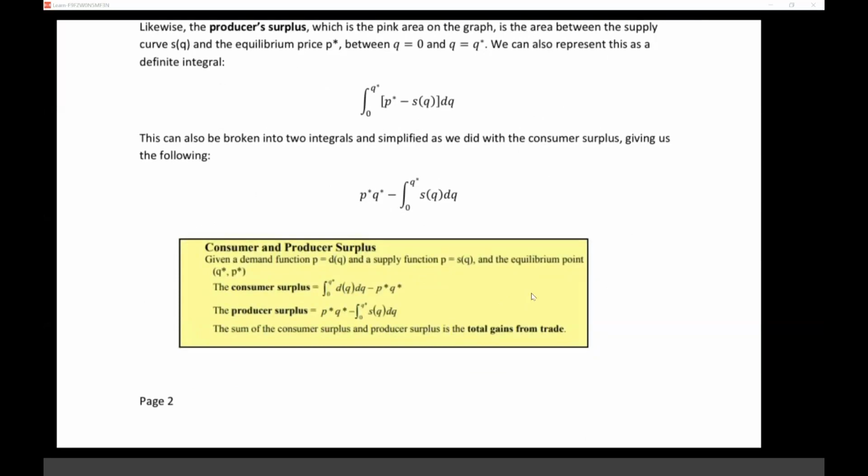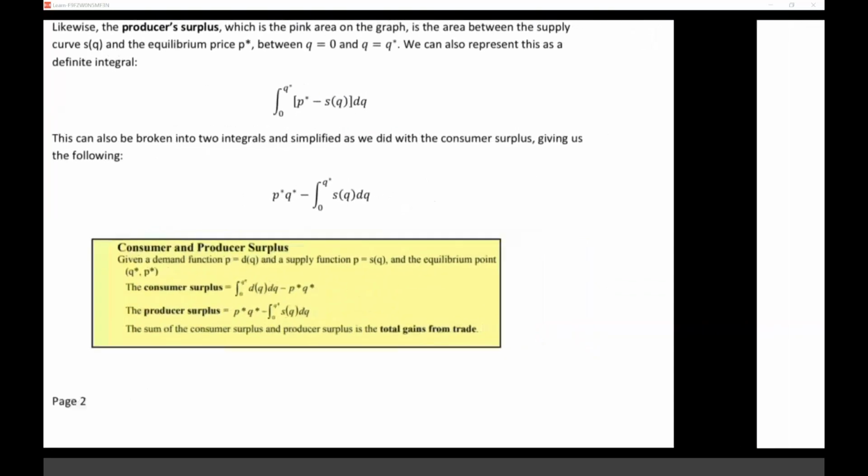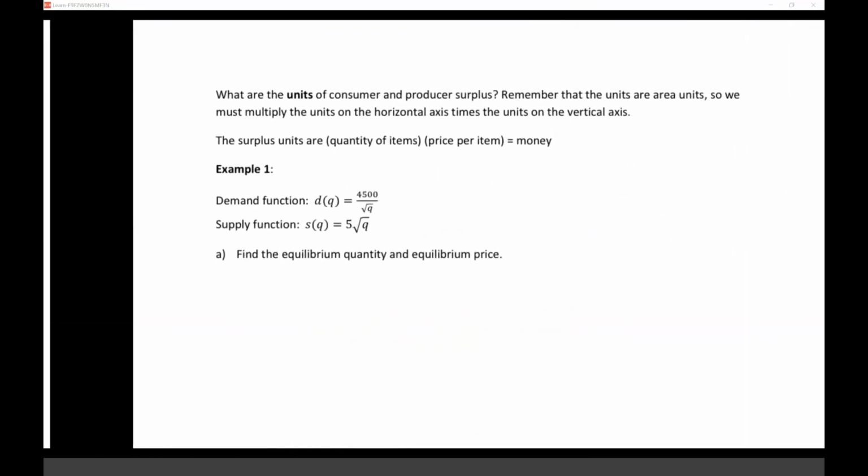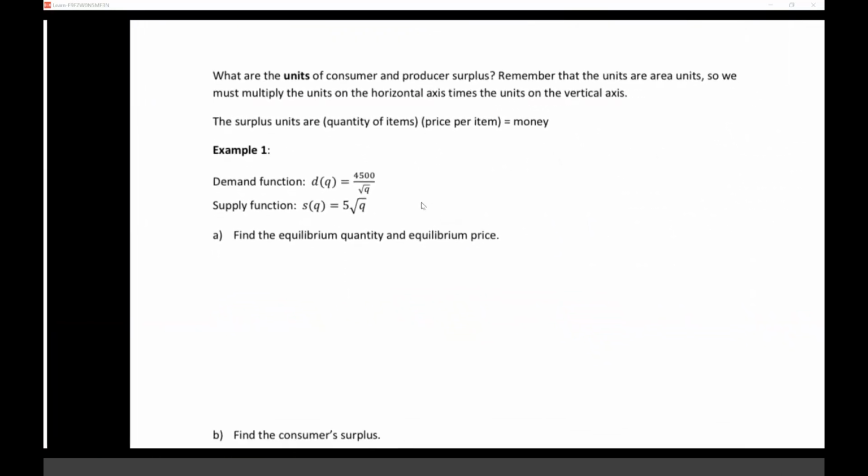Alrighty, so let's take a look. You might say, what units might this be in? Remember, these are area units. So you have to multiply the units on the horizontal axis times the vertical axis. They told you that the price was in dollars per item, and you know that the Q units are in quantity of items.